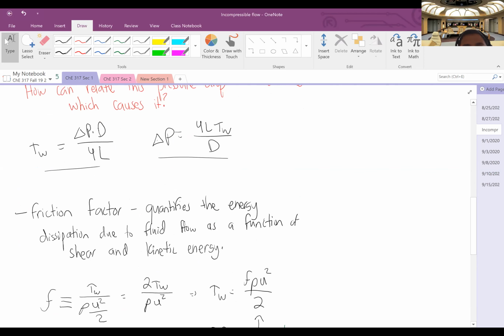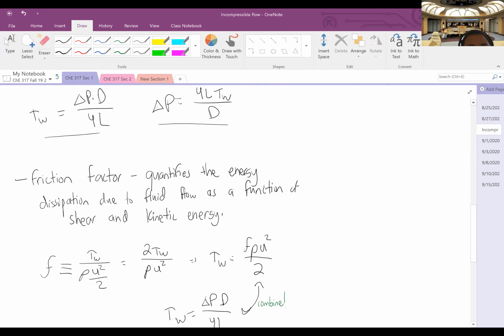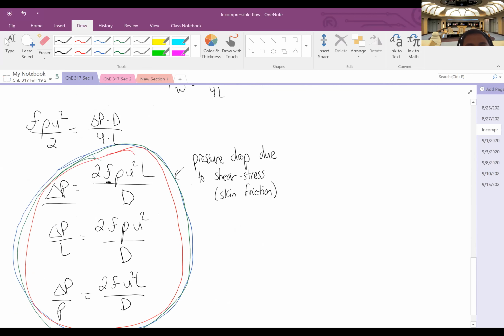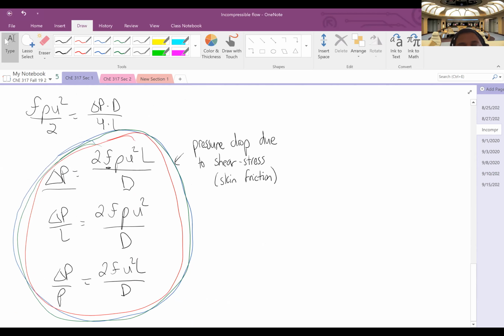And so if we have a new parameter which we can obtain via a friction factor that we can quantify, then we can directly calculate and estimate frictional dissipation due to shear stress by essentially eliminating the term from our expressions. And what we're left with is this general expression to calculate pressure drop resulting from shear stress.